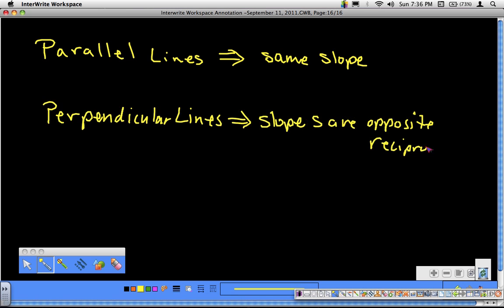One other way to test that, if you multiply the 2 slopes of the 2 lines that are perpendicular, you should always get -1 when you multiply those 2 together. Again, opposite reciprocals. So let's set up an example here and see how we can apply these.